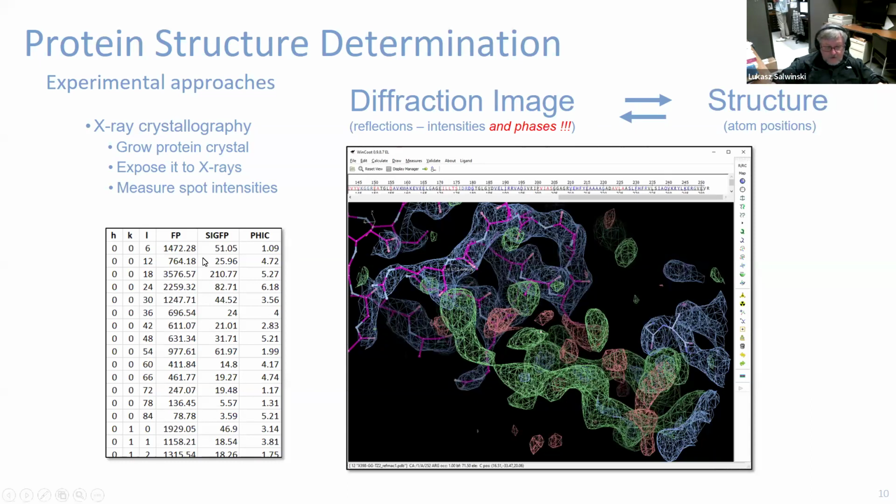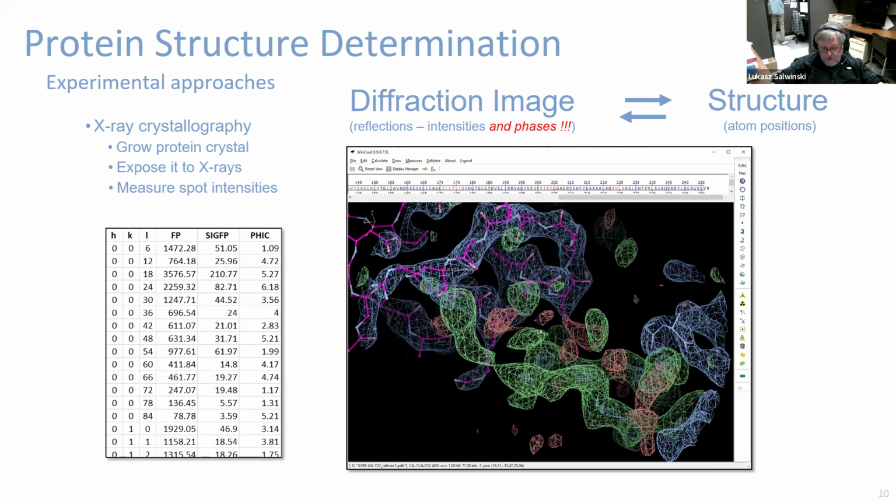And then when using intensities from our experiment, we're going to see some additional places in green where the difference between the initial model and our structure is.